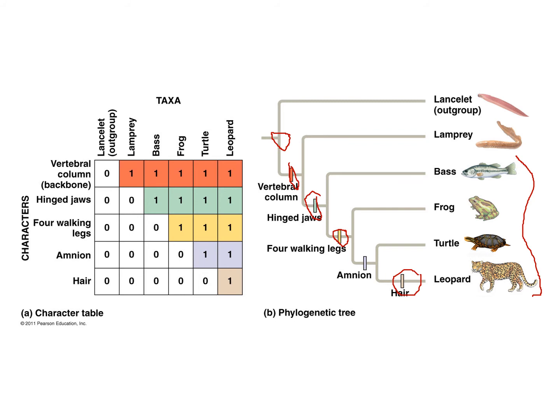So that's a very easy example where, again, the tree is pretty simple to build. We may have a few glitches in lab where things aren't quite so straightforward, but that's part of the fun, is trying to figure out what is the simplest tree we can draw given the data we have collected.